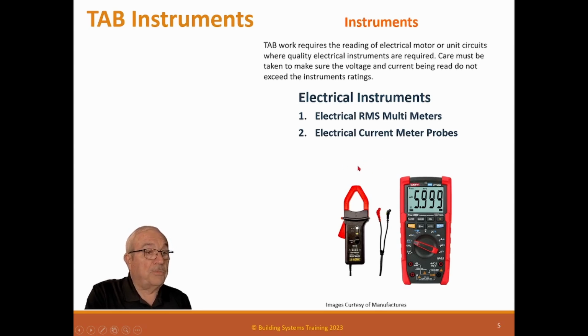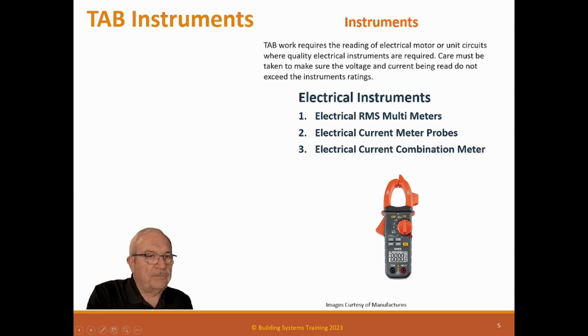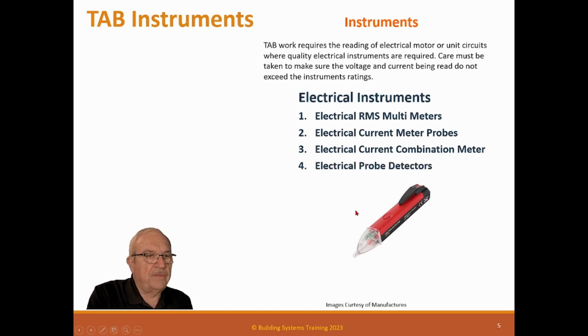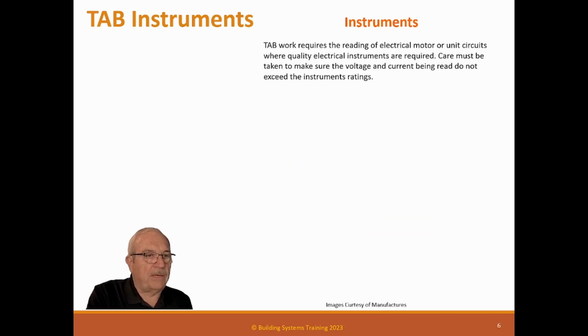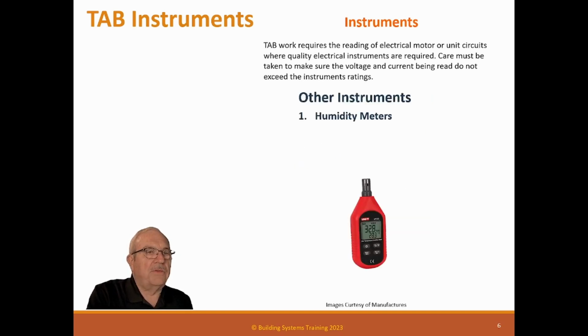It can be 30% off, so you need to make sure you have a true RMS meter. Of course, this includes a digital voltmeter. You can also buy amp clamps to go with the meter, and there are combination meters that are both voltmeters and amp meters built into the same meter. There are electrical probe detectors, tickers we call them, that make a noise and light up when they get close to power, so you can tell if power's on. Other instruments are humidity meters, CO2 meters, and rotational meters.